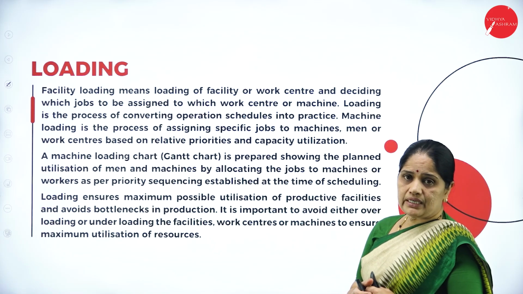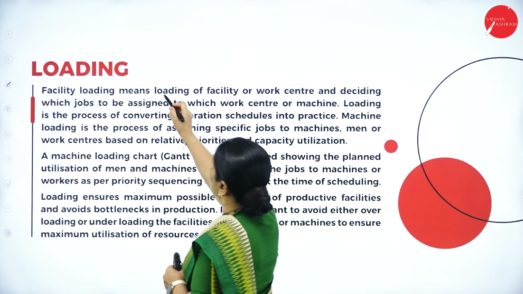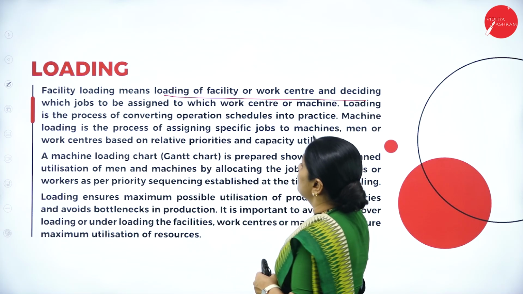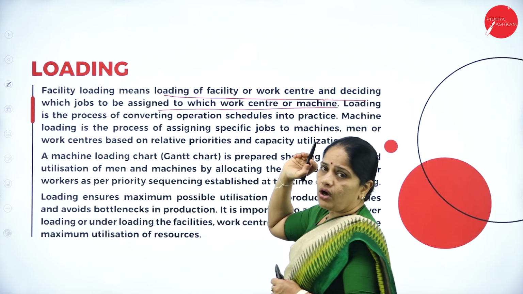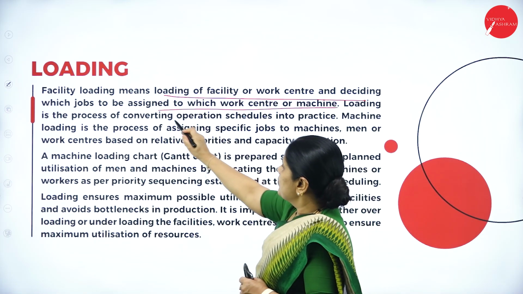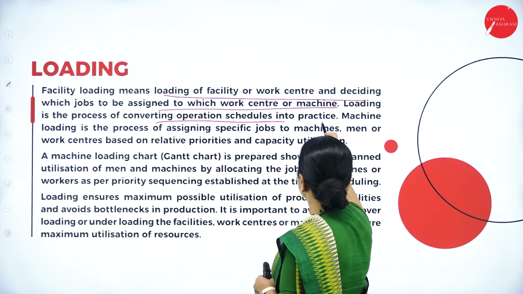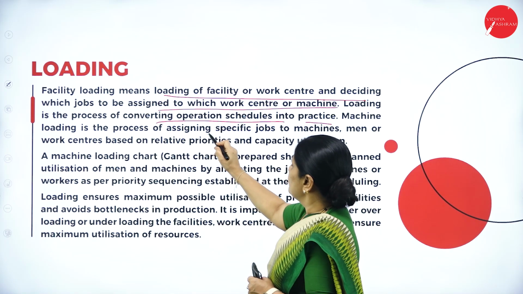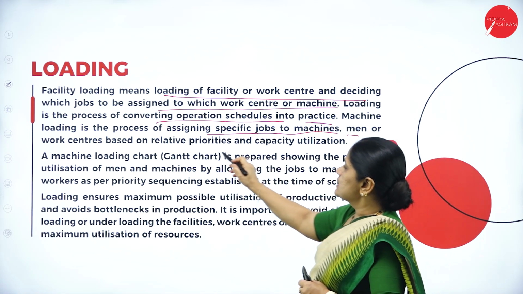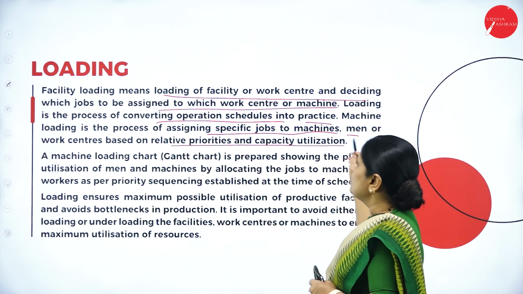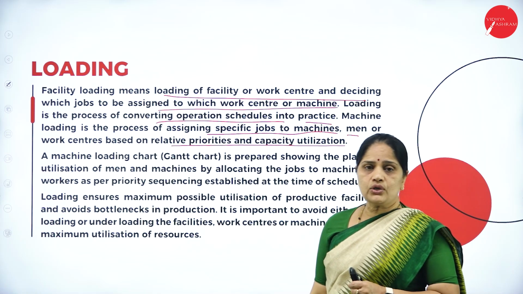The next aspect is loading. Facility loading means loading of facility of work center, deciding jobs to be assigned which work center or machine. So it is the process of converting operation schedule into practice. So we assign specific jobs to machines, men and work centers based on relative priorities and capacity utilization.